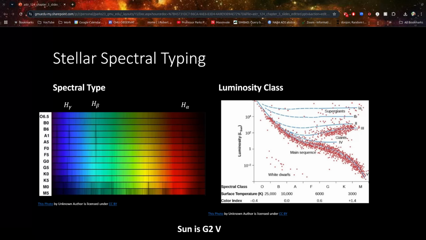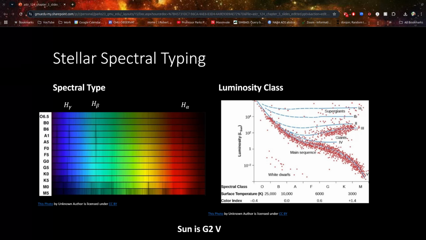This means that in this ordering you have not a characterization of just how strong the lines are from strong to weak, but actually a function of temperature, which is much more physically meaningful for analyzing stars. And so it goes from O-type stars through B to A to F, G, K, and so forth.